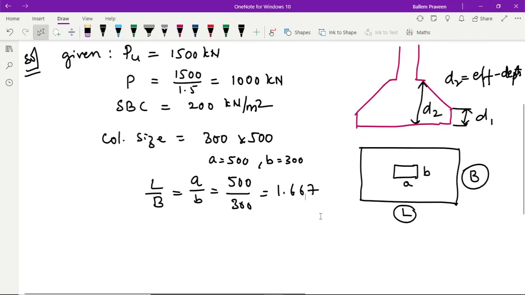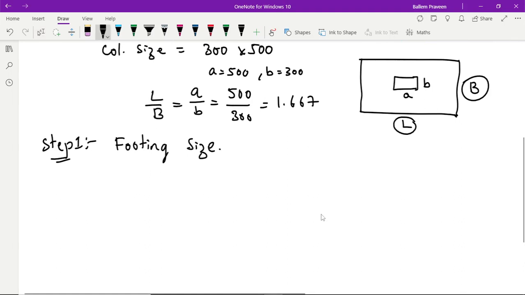Now let us go for our first step. Step 1 is the footing size. For footing size, firstly you have to increase the working load or service load for self weight.